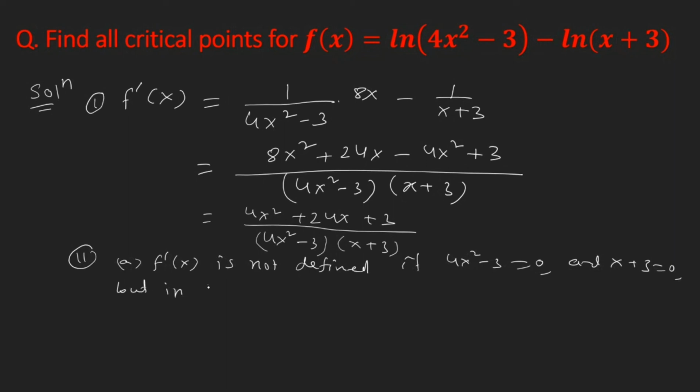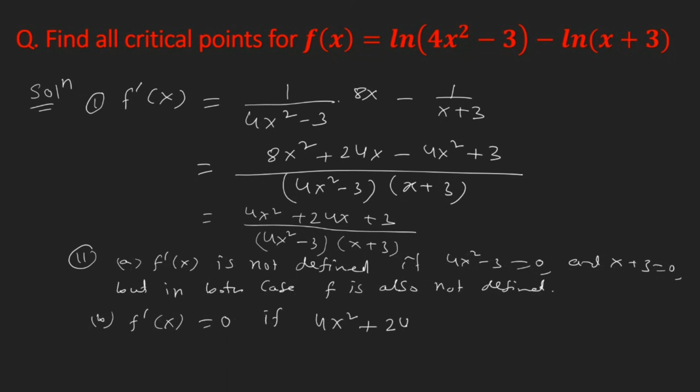But in both cases, f is also not defined. Part B, f dash x is equal to 0 if 4x square plus 24x plus 3 is equal to 0.